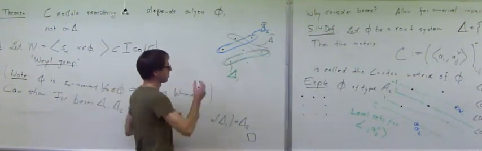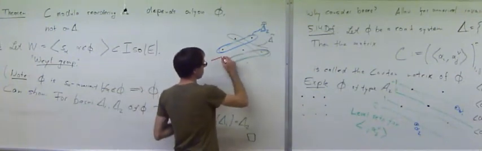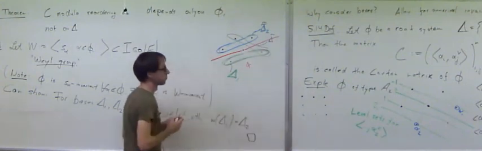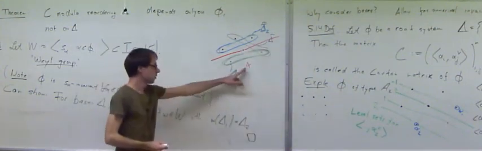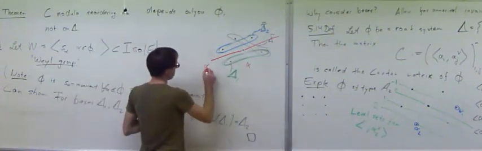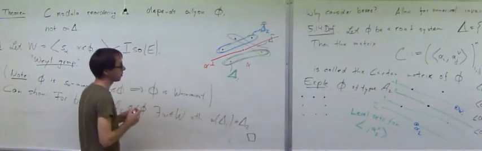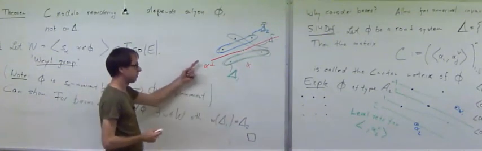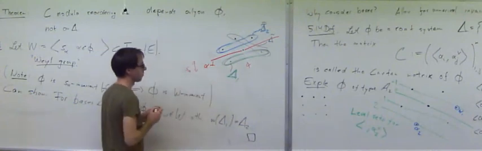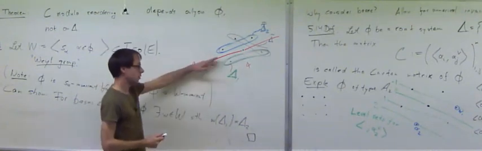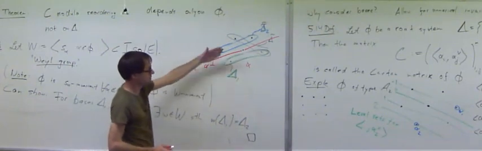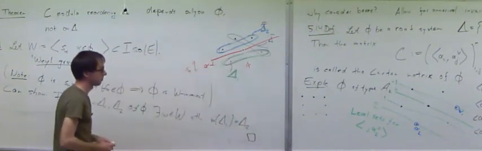In this case, I just need one reflection. Namely, I'll say this is my root alpha I chose. Then this is the hyperplane alpha perpendicular. So S alpha is the reflection at this hyperplane. So this will just send delta 1 to delta 2 and vice versa.